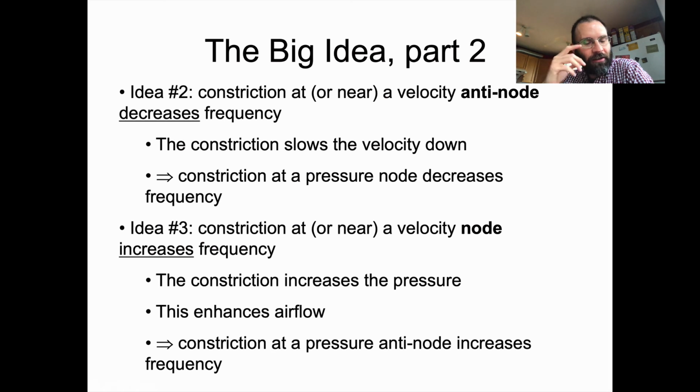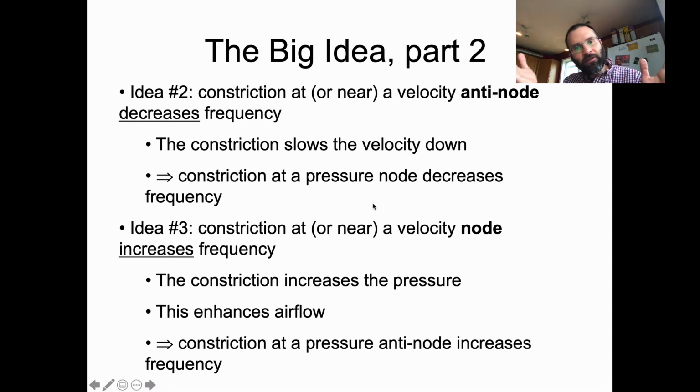So if you constrict there, it doesn't have the same effect on velocity that constricting at an antinode would, where you get the maximum distinction in velocity. Instead, here you're getting the maximum flip back and forth in pressure, between high pressure and low pressure. If you constrict there, you're constricting the amount of space the wave has to operate in, and that will increase the pressure, or the pressure polarity, without really changing the velocity so much. That is supposed to enhance airflow, as it were, and increase the frequency of the standing wave at that point.